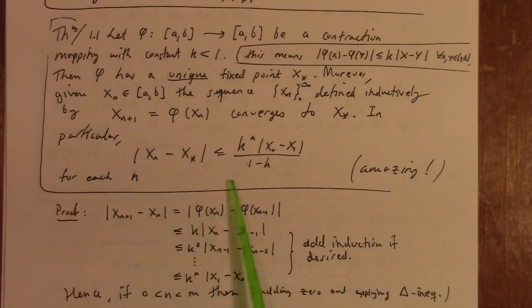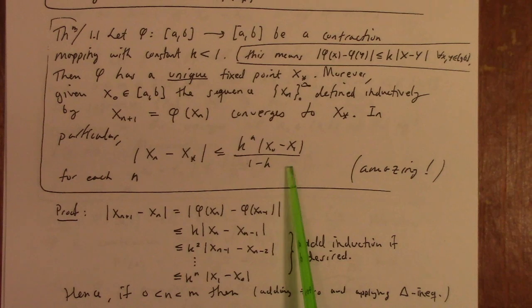I think we can argue the same estimate for the Banach fixed point theorem we went through earlier in this lecture.